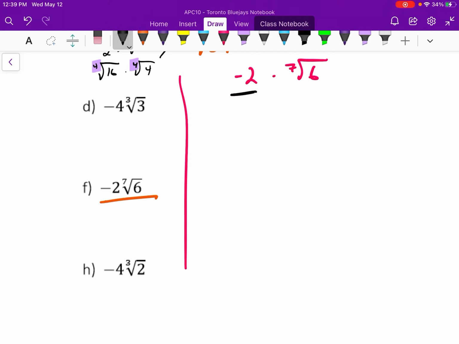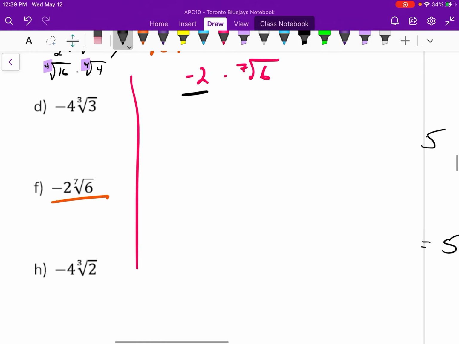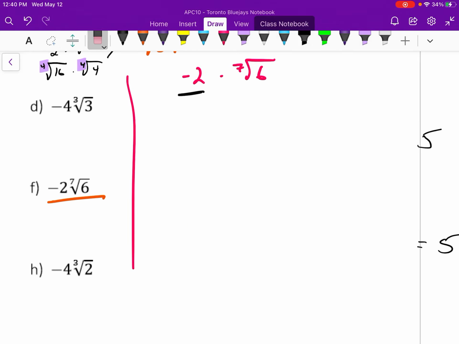What I would love to do is change this up so that it's a root, the 7th root. I have to think of the inverse. So negative 2 to the power of 7: negative 2 times itself 7 times is going to be a negative.